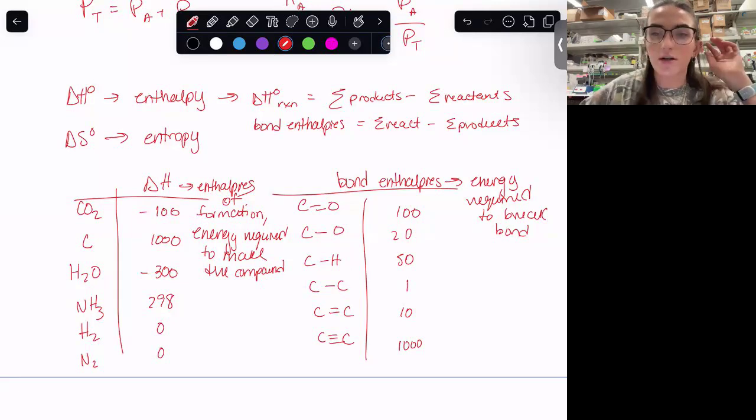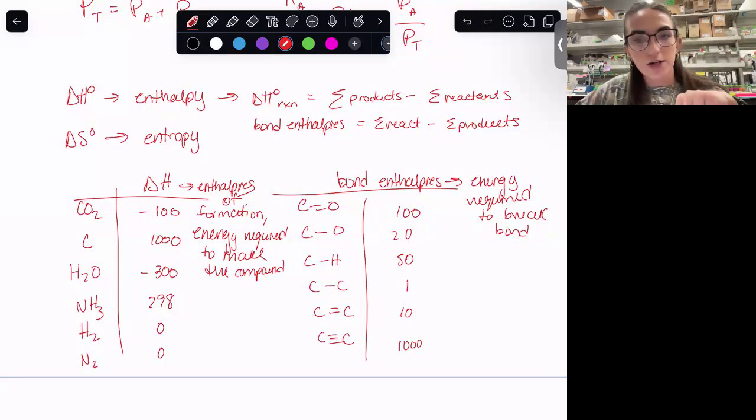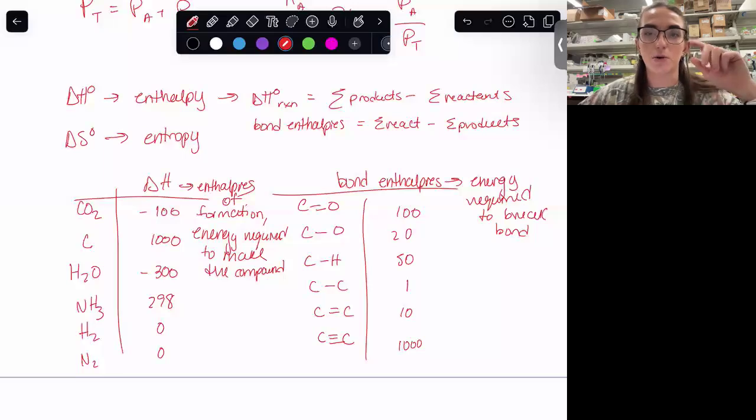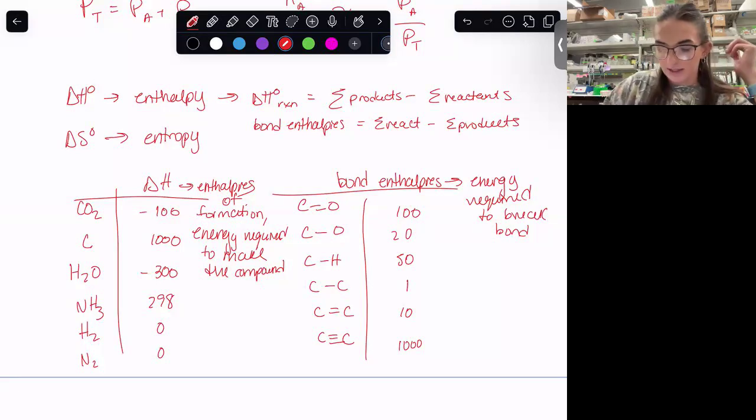So you need to look for keywords, like what's the heat of reaction or the heat of formation for the equation, or what is the bond enthalpy or how much energy is required to form this bond. When they actually say the word bond, you're looking for bond enthalpies, and that's going to be reactants minus products, because it's bonds broken minus bonds formed.